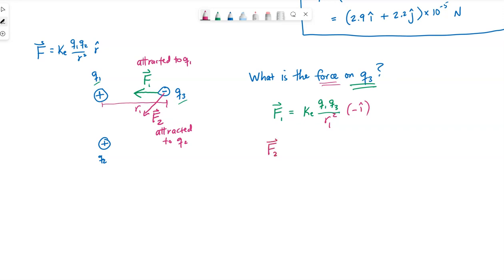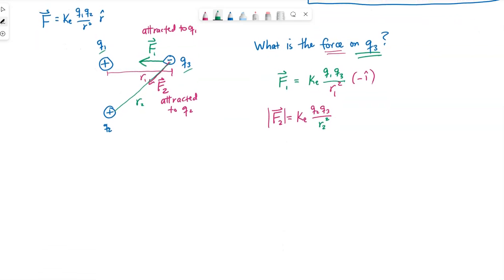So F2, the magnitude of it is determined by the two charges involved in that particular attraction. The distance we need is this, I'll call it R2, the straight line distance between the two charges. But this vector has both x and y components, which we would need to figure out before we added. So let me go ahead and make up some numbers and we can solve the problem.